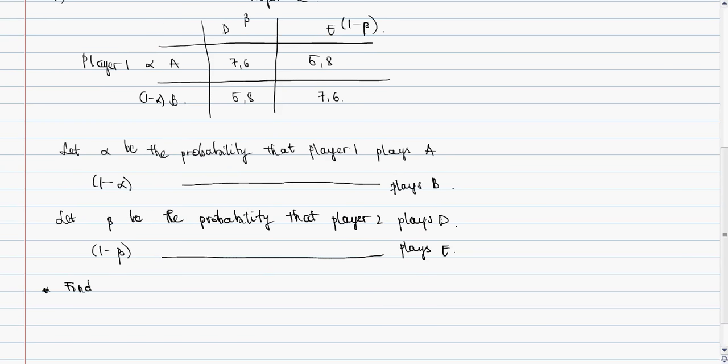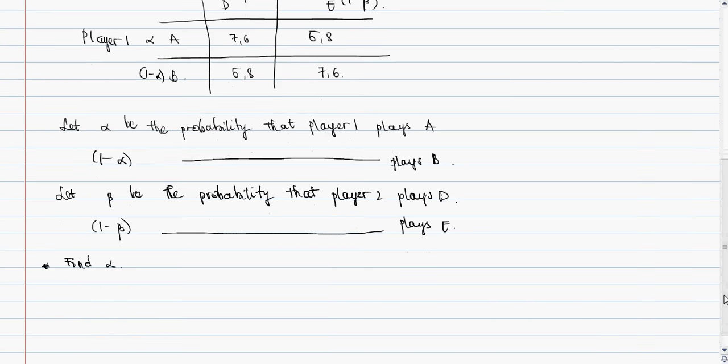So first of all, I'll find alpha first. Okay, so in order to find alpha, we will just have to say, so we do player 1 first.